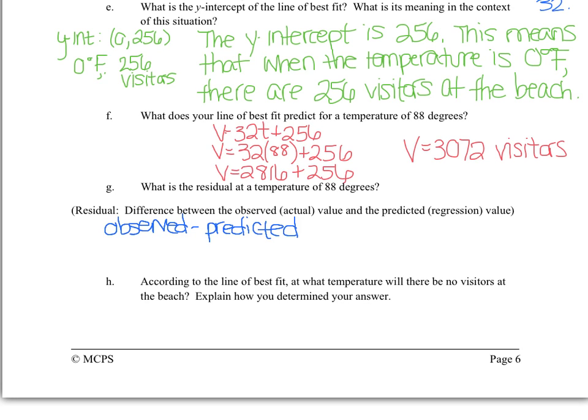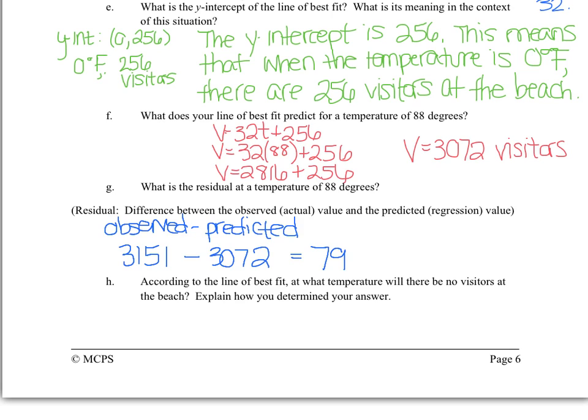So look in the table and see when T, or when x is 88, we get a y value, number of visitors, of 3,151. Our predicted value is what we just found in part F, which is 3,072. So when we subtract 3,151 minus 3,072, we get 79, which is our residual.